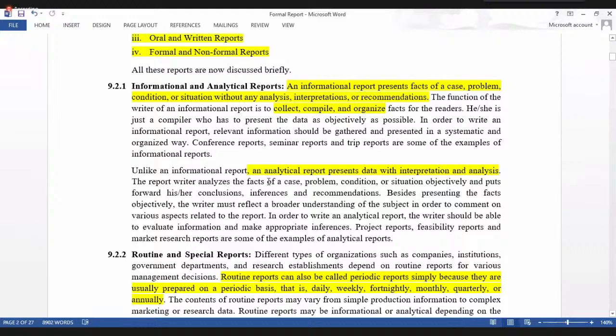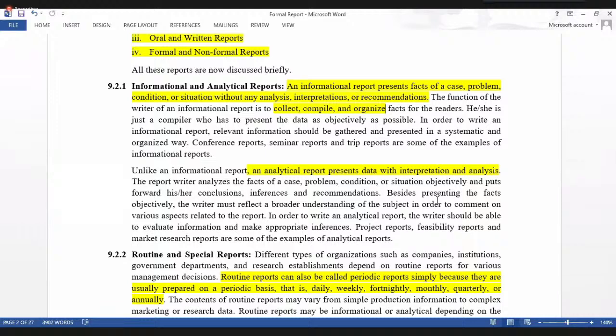Okay, now let's talk about analytical reports also, so that it will be more clear to you. Unlike an informational report, an analytical report presents data with interpretation and analysis. So now, just opposite. In an information report, we just present the facts, but in an analytical report, we present the facts, no doubt.